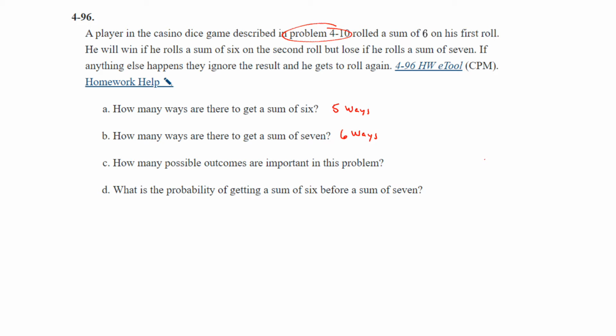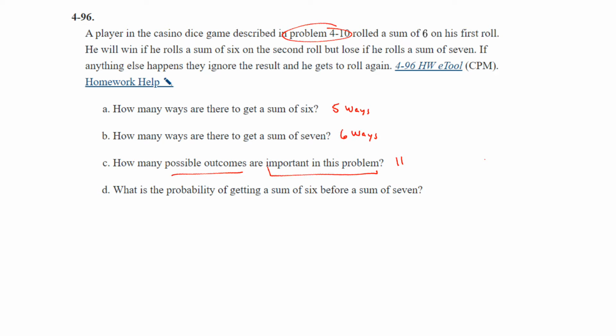And so the possible outcomes on this, there are 5 ways to get the sum of 6 again when he rolls again, or 6 ways to get the sum of 7, and that would end the game. So that means there are 11 possible outcomes that are important to this problem. Not that are just total possible, but that are important to the problem.